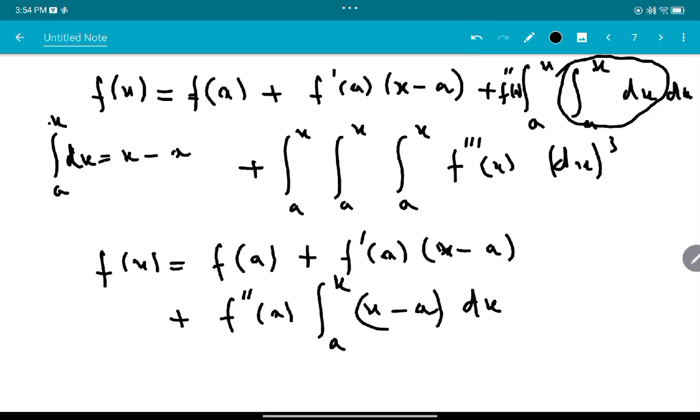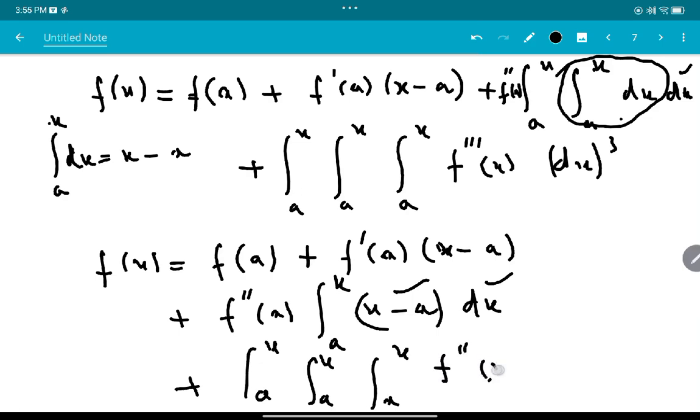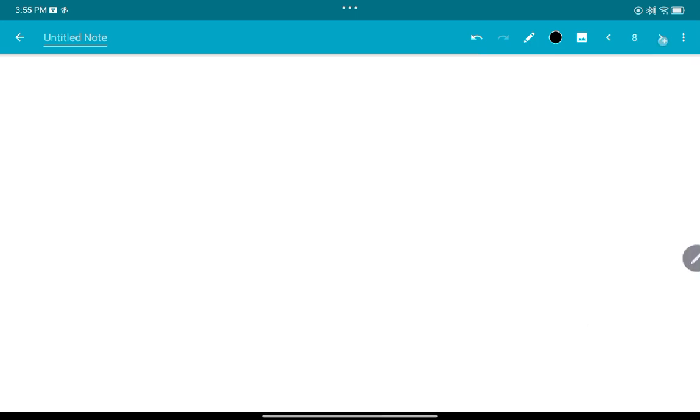The value is x minus a, into this dx. Plus third is integral a to x of f triple dash x, we will keep it as it is, f triple dash x dx cube.